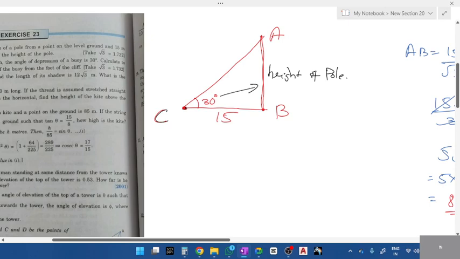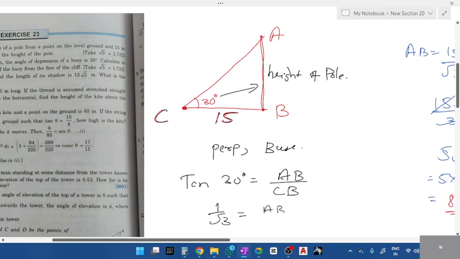Perpendicular or hypotenuse? It is perpendicular. And from vertex C, what is this 15 meters? Base. So we have tan. Which angle is given here? Tan 30 degrees equals, what's the formula? Perpendicular by base. This is perpendicular AB by base BC. So tan 30 is 1 by root 3, equals AB by 15.